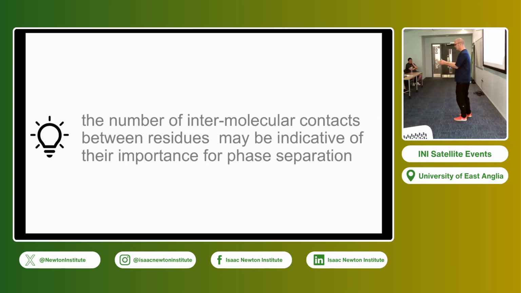Through the dynamic simulations, we have gazillions of time frames of particles moving around, interacting with one another. So all we need to do is go through and see where the most interactions are, which bits of the protein are interacting with the other ones, and those are likely to be the ones that are driving phase separation. So that's the idea.